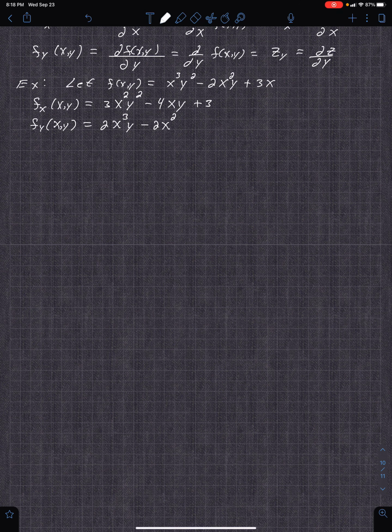Now, what would this be? So what did I just say? Treat x like a constant. So that whole derivative will be just what? Exactly. It'll be 0. That derivative is 0 because x is a constant.